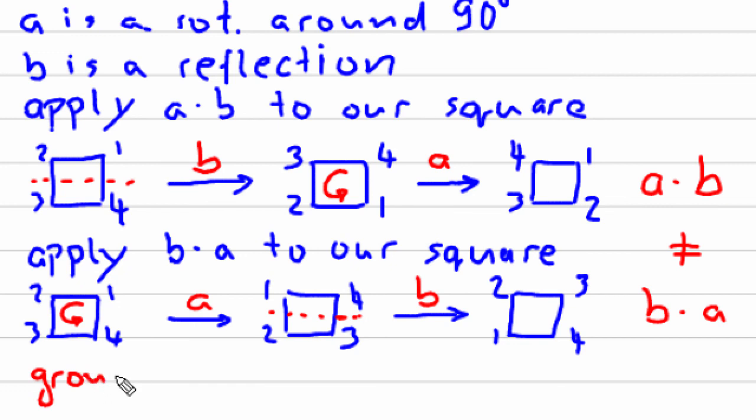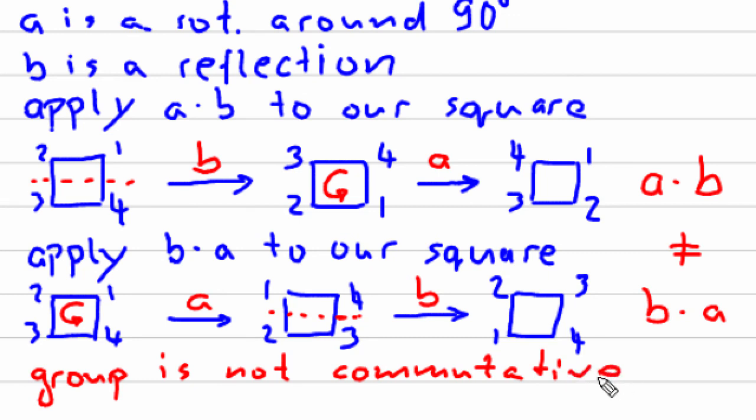Group is not commutative. We also say our group is not abelian, meaning that it really matters whether you apply a certain symmetry operation first or second.